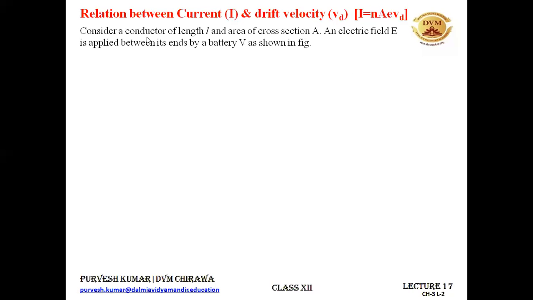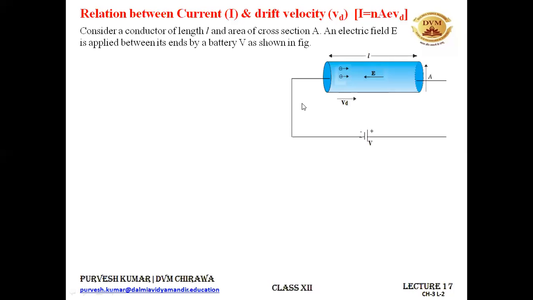Let's consider a conductor of length l and area of cross section A, like this. This is our conductor. The area of cross section is capital A and the length of this conductor is small l. An electric field E is applied between its ends with the help of a battery V as shown in the figure.